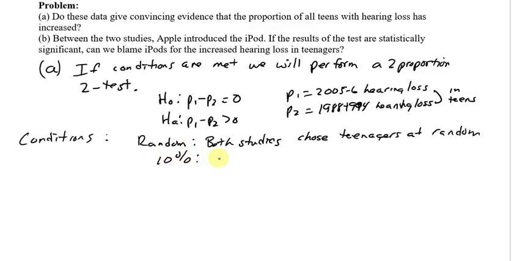In 2005 and 6, there were more than 10 times 1,800, which is 18,000 teenagers.